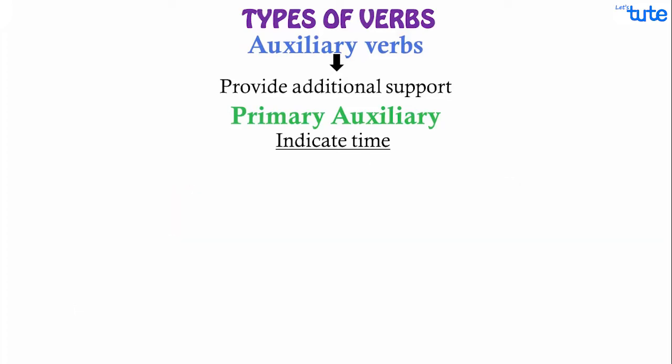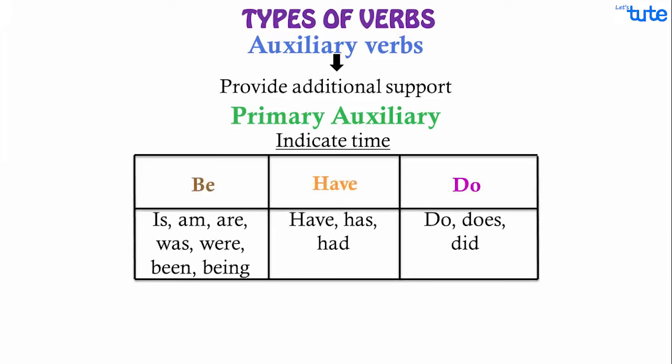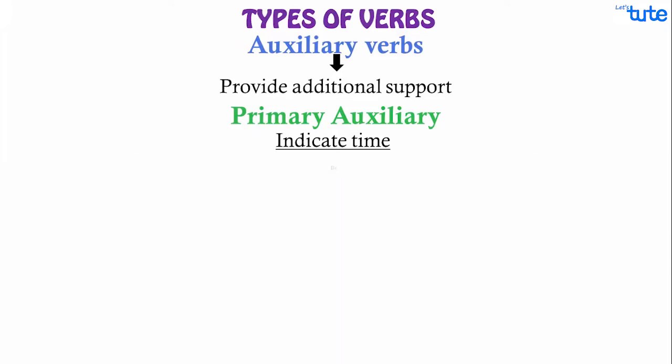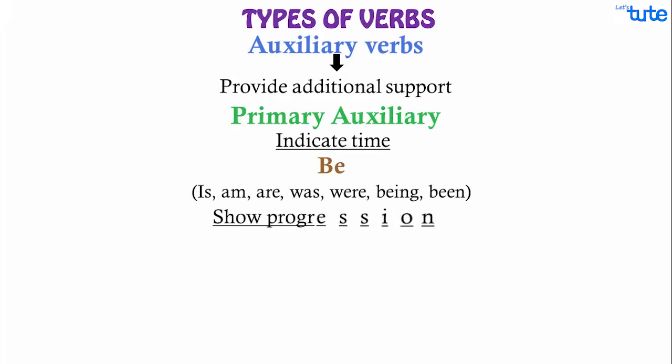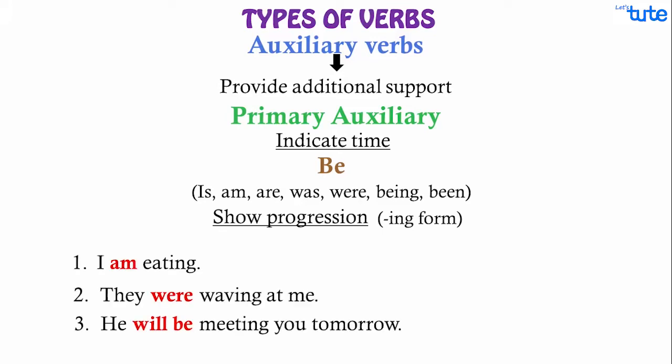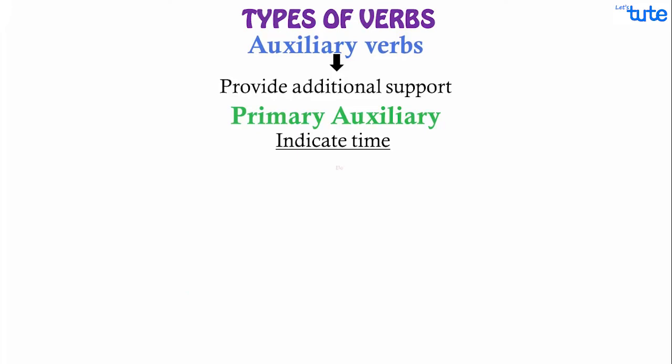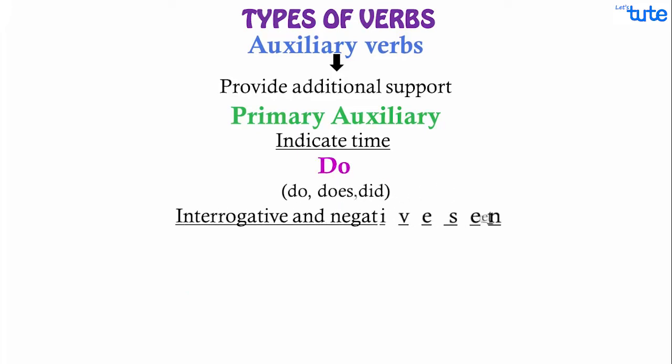Primary verbs are of three main types. Here, be and its forms show progression, that is, the action which is not yet finished. The main verb will be shown with the ing form. Example: Then, do and its forms help to form interrogative sentences and negative sentences.